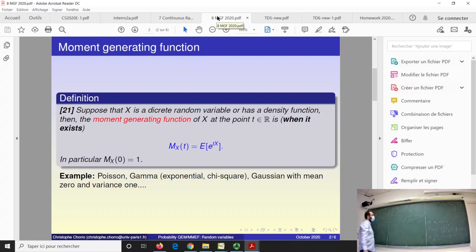And I can simplify a little, and I just obtain 1 over 1 minus 2t to the power k over 2 for t less than 1/2. You have here the moment generating function of a chi square of parameter k, just plugging in the right parameters.